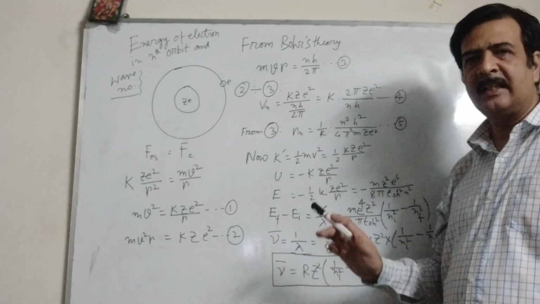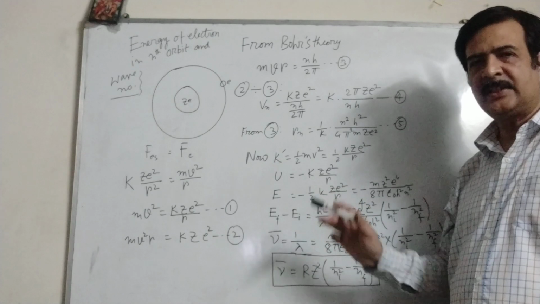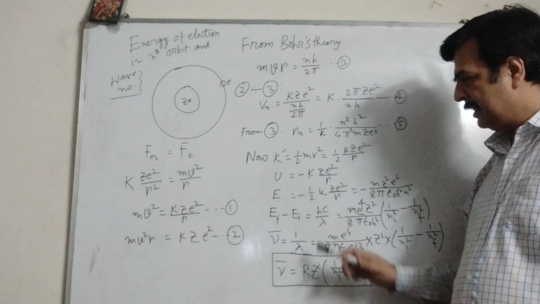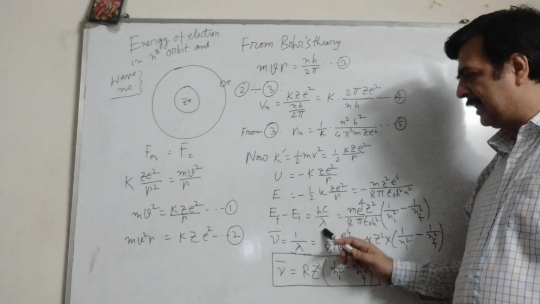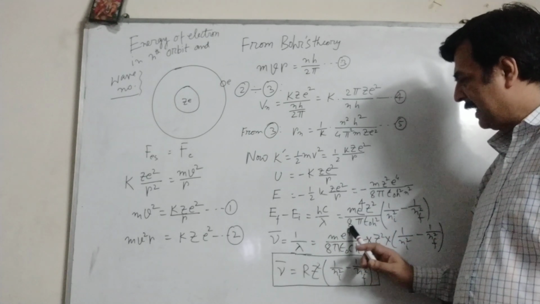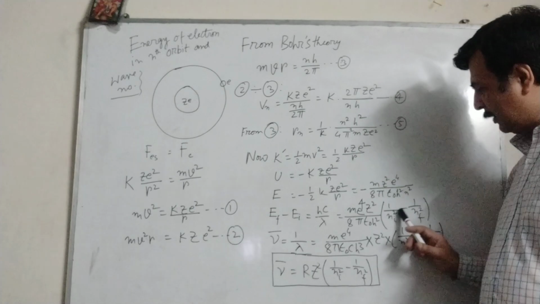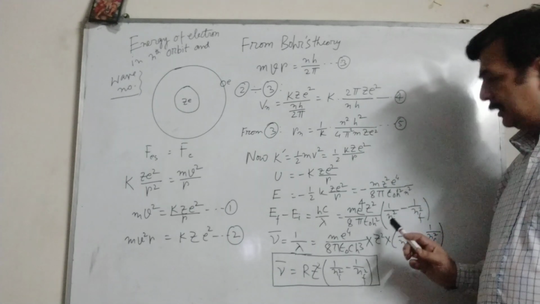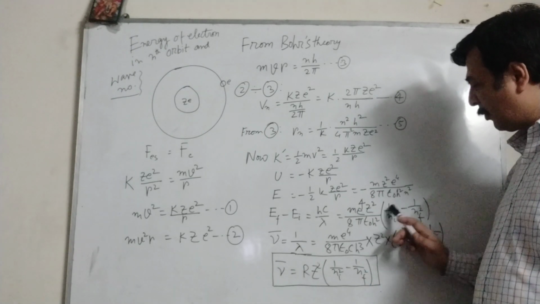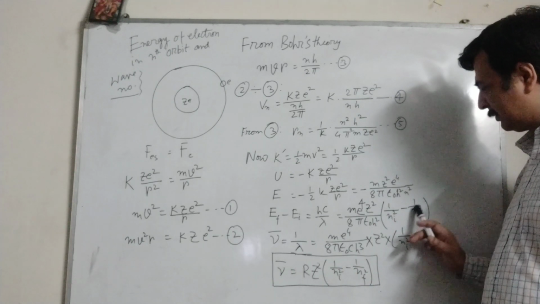Now we have to find energy initial and energy final separately. I have written here the difference: energy final minus energy initial is equal to hc by lambda, which is equal to m e to the power 4 Z squared by 8 pi epsilon naught squared h squared, within bracket 1 by ni squared minus 1 by nf squared. Here ni stands for the number of the initial orbit, and nf is the number of the final orbit.